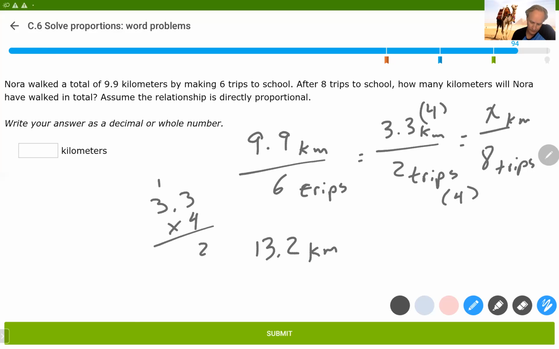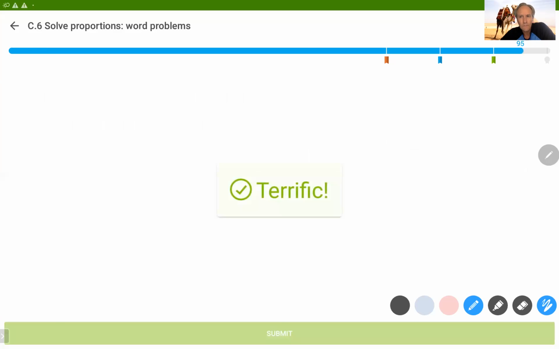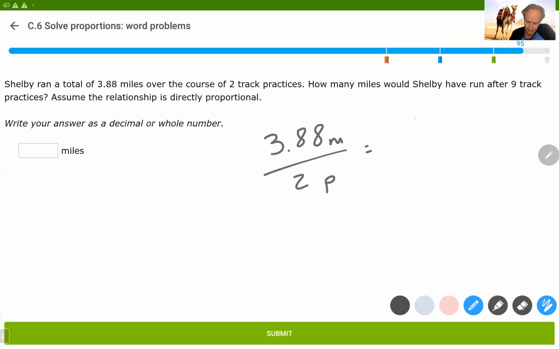That's 2, carry the 1, that's 13, and a decimal place. Hmm. 3.88 miles over 2 practices means that we're doing 1.94 miles per 1 practice.